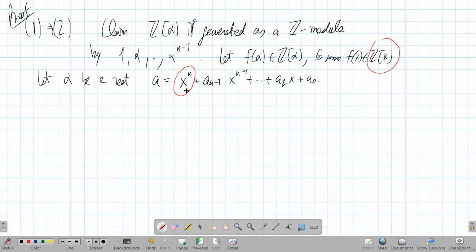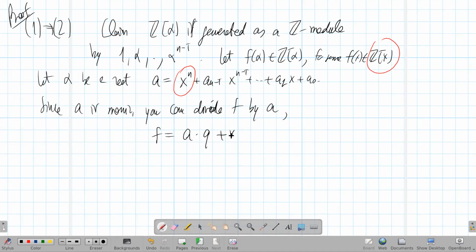But since A is monic, you can divide f by A. And what do you get? You get f = A times Q plus R, where either R is 0, or the degree of R is less than n, which is the degree of A. A being monic has evidently degree n.